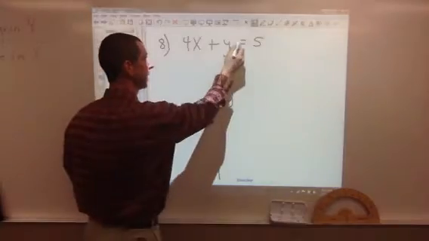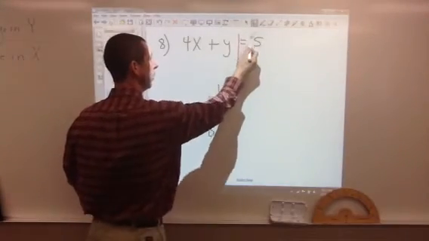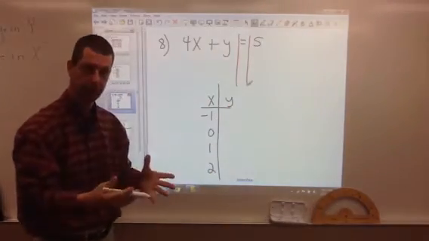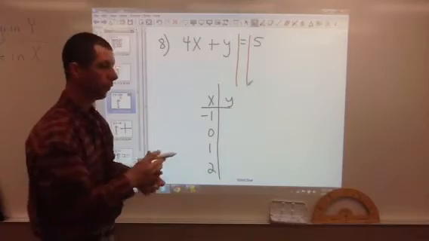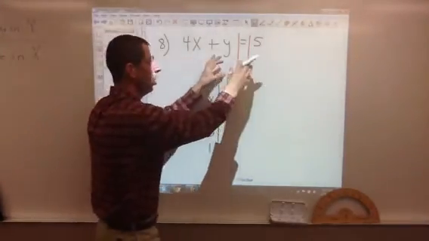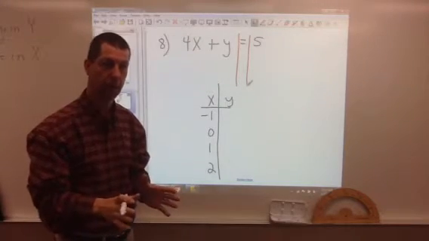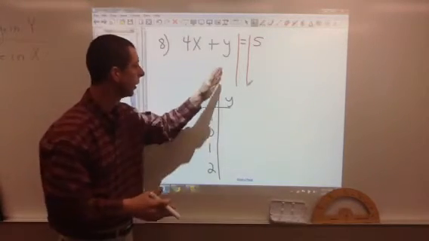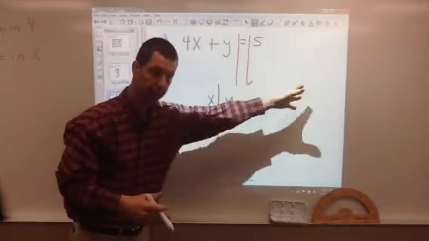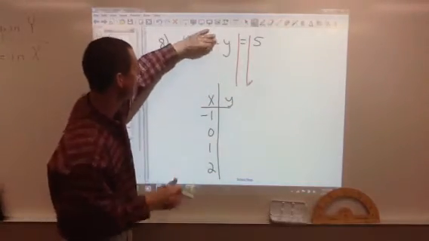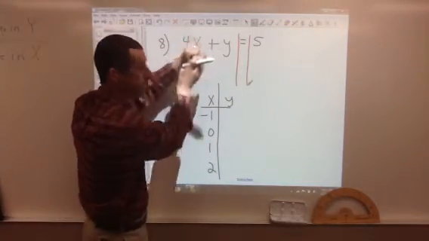Okay, if you think of what we did when we isolated variables and so on, whatever we do to one side of the equation, we got to do the same thing to the other side. And remember, our goal on this problem is we want to get this problem to read y equals something. Okay, so I need to get rid of this basically so it reads that way.